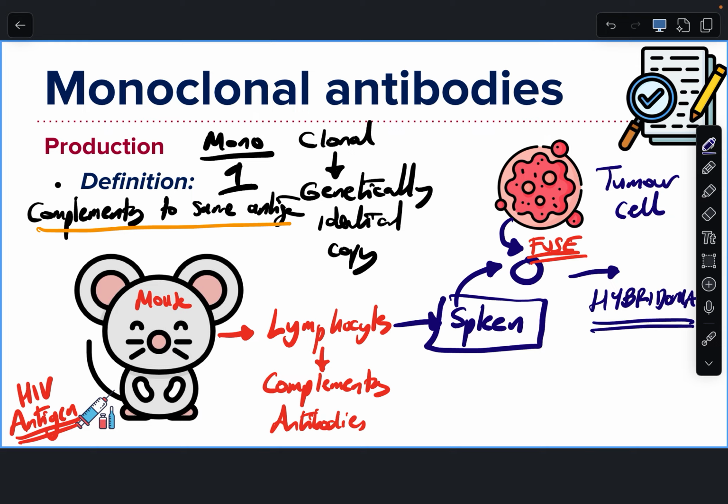So that's the combination of the lymphocyte and the tumour cell. It's called a hybridoma. The reason we've combined it with the cancer cells is because we know cancer cells divide uncontrollably. So this hybridoma is now going to divide and divide and divide, and I'm going to have lots and lots of these hybridomas produced.